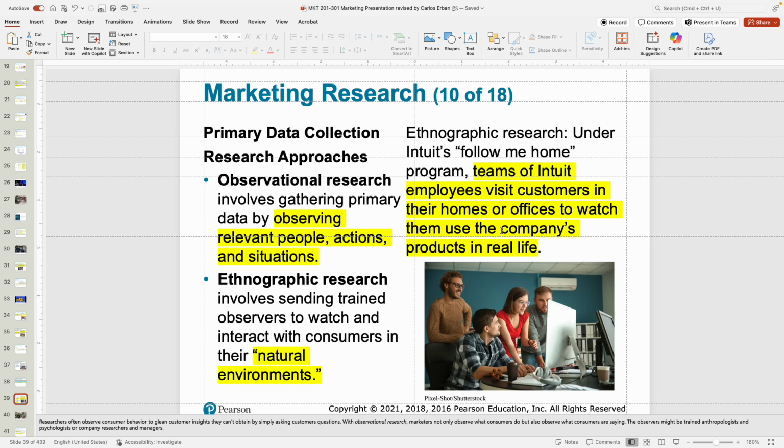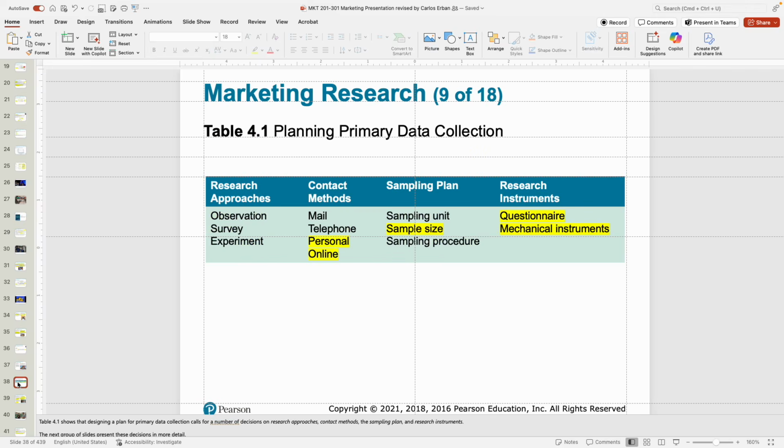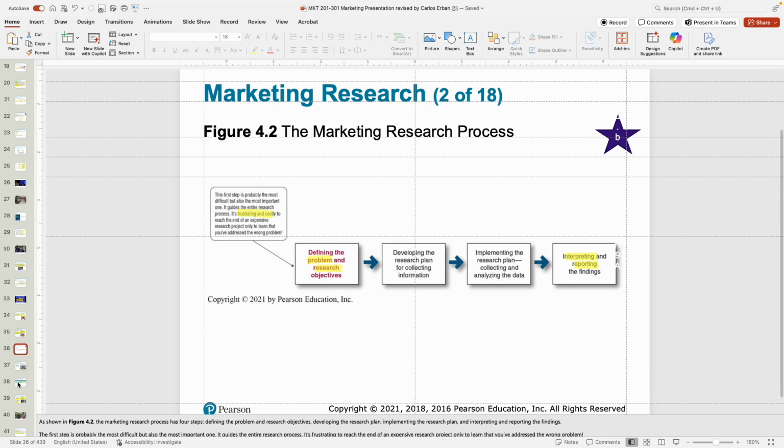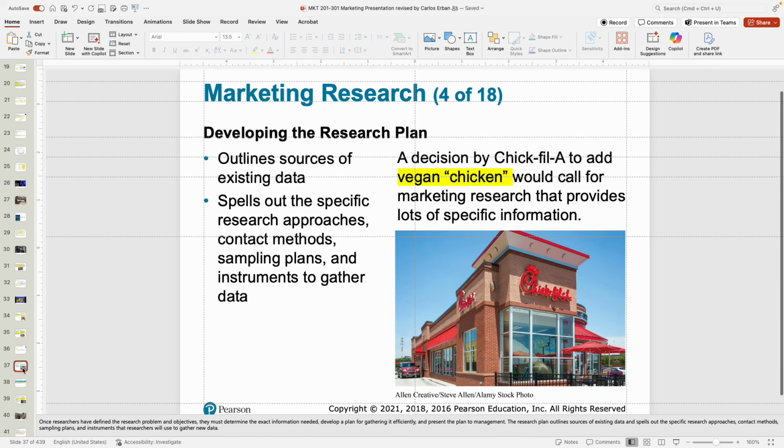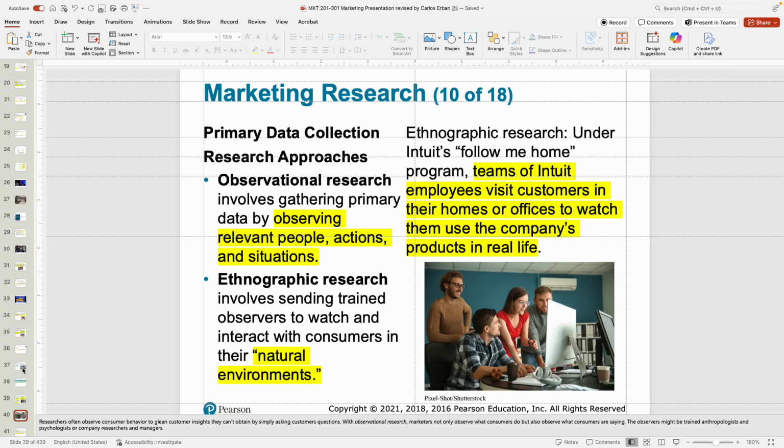I didn't put a star on this one, but maybe I should. So there are different types of research, and you don't need to know all of them, but one that is becoming very popular is observational and ethnographic research.